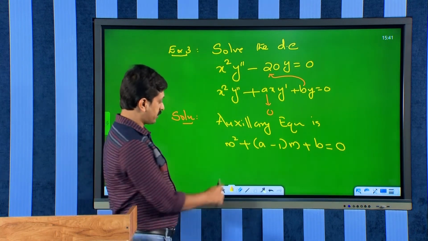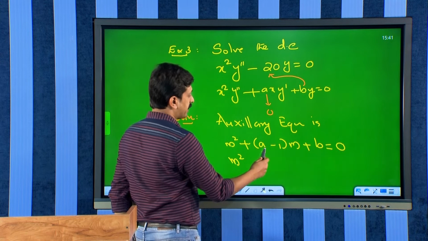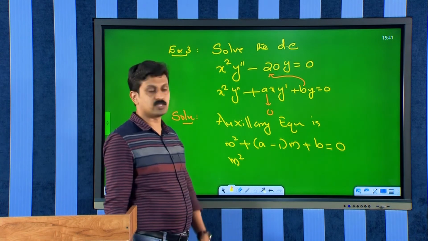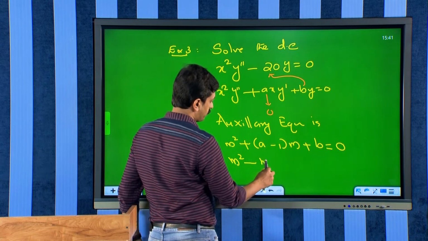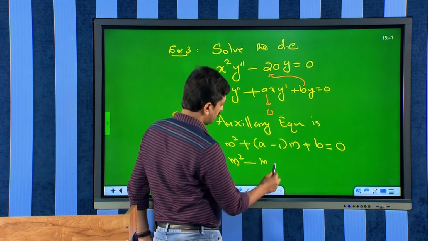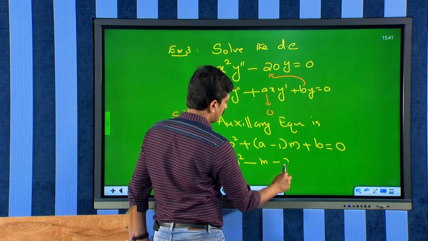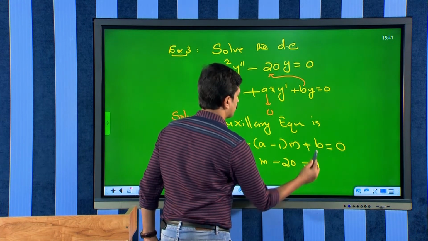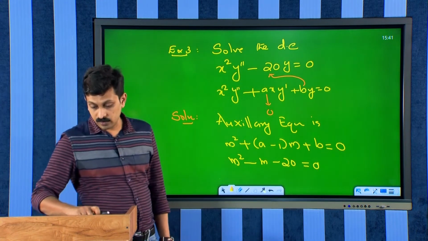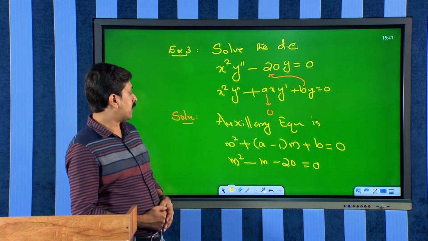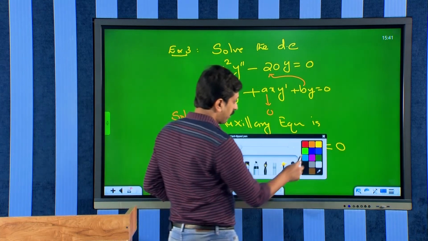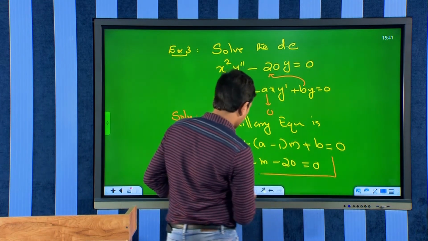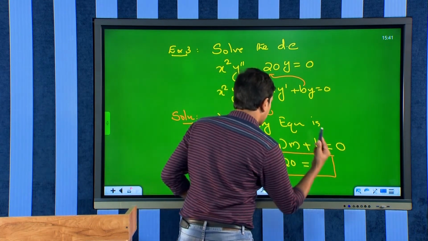Therefore, m square plus (a minus 1), the value of a is 0, so minus 1 into m, plus the value of b, that is minus 20, equal to 0. Now we got the equation as m square minus m minus 20.